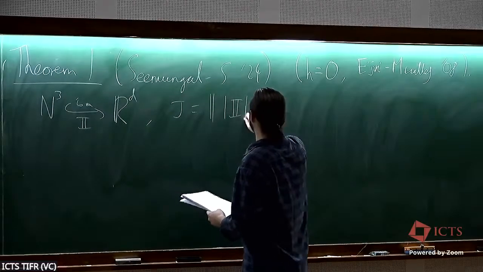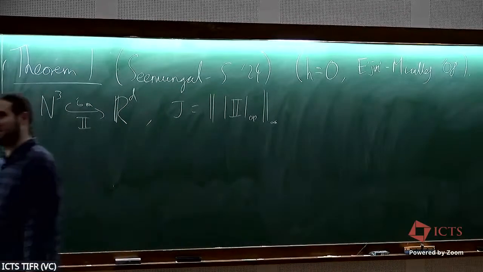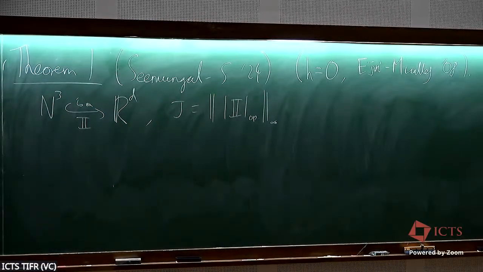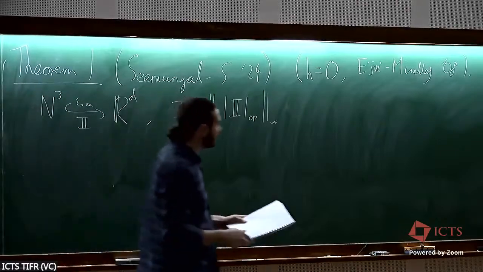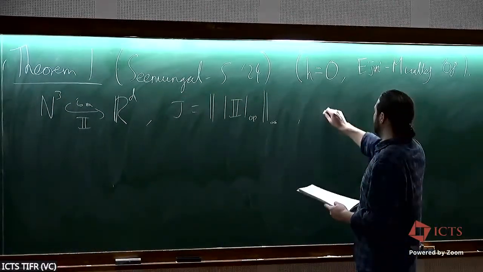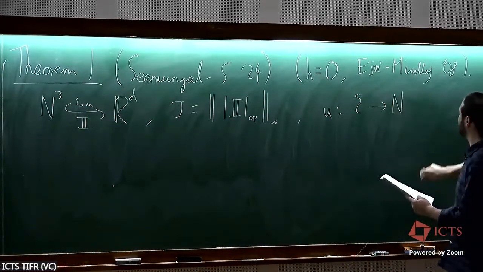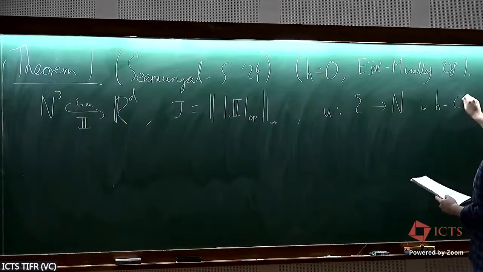So in other words, at each point, I pick all tangent vectors x, I plug in II(x,x), take the modulus, find the largest x. That's the operator norm at that point, and then take the L-infinity norm of that over the manifold. And u from Sigma to N is H-CMC.